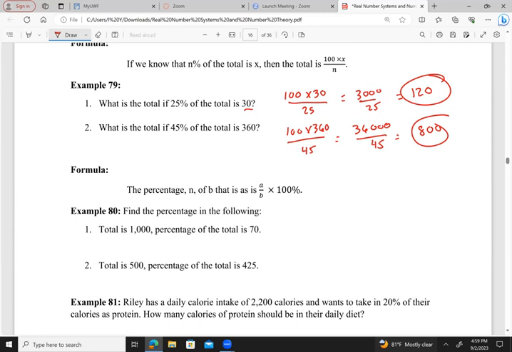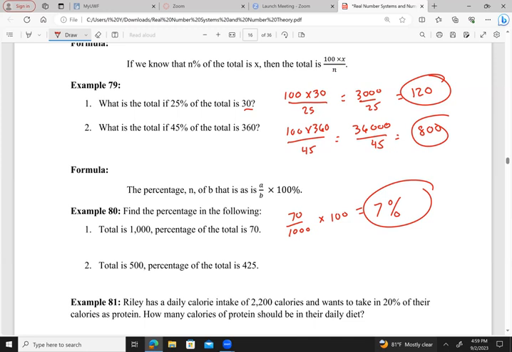Okay, our next formula, percentage n of b. That is a divided by b times 100. So if our total is 1,000, percentage of the total is 70, we take 70 over 1,000 times 100, and that is 7%.